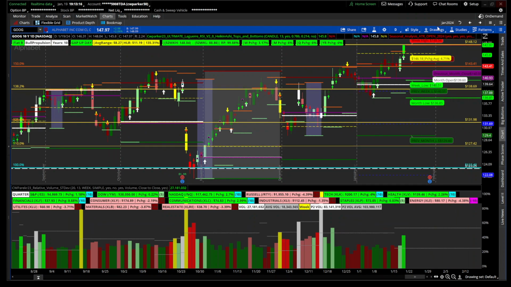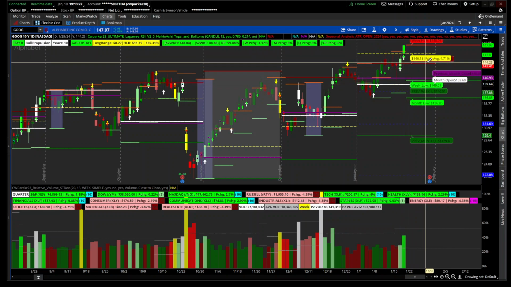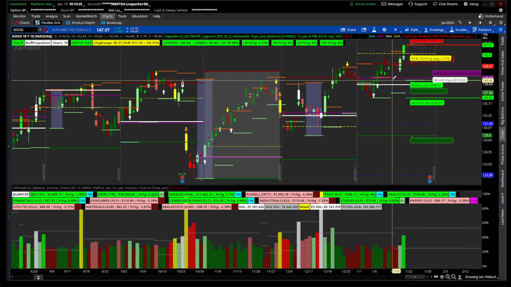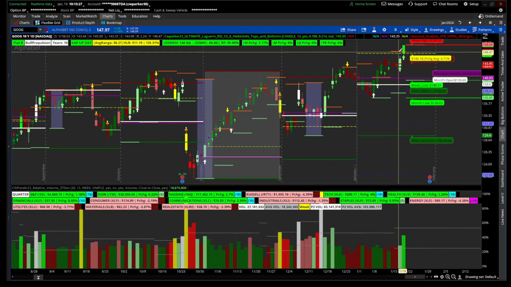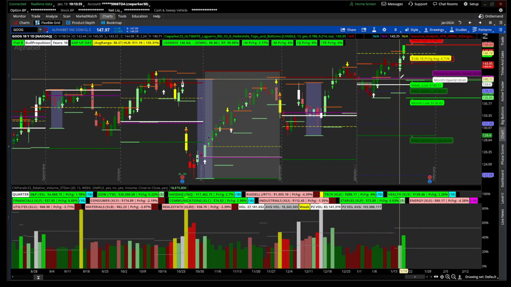Let me get rid of these drawings so we can see everything clearly. Its average dip from its open was 4.71%, and it's still rising. It broke above last week's high, which is this orange line, and here's last week's low. And it's continuing to push.